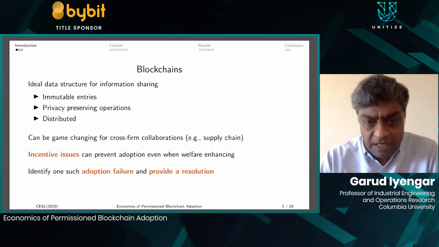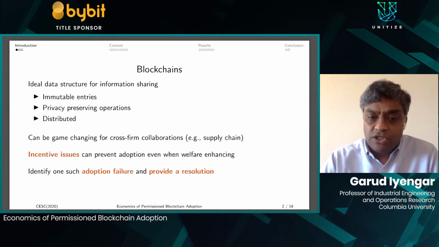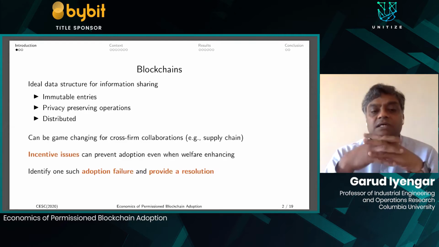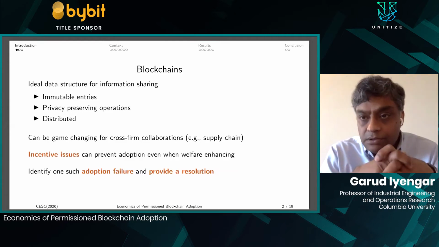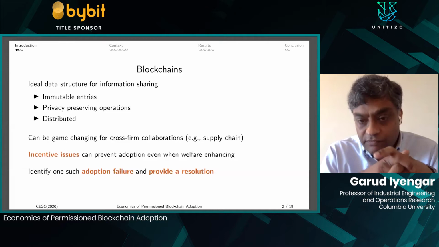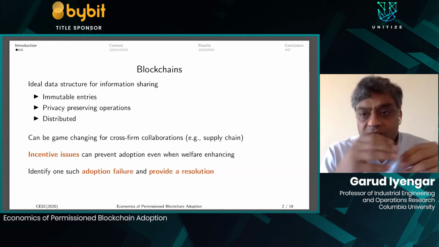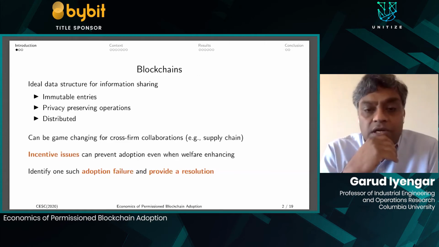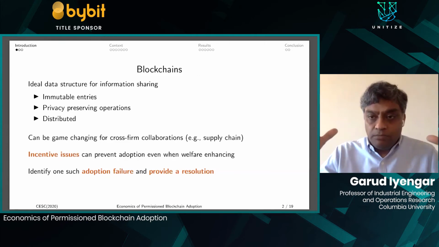What we do in this paper is provide a very minimal network infrastructure that is able to identify such an adoption failure, figure out why these things do not get adopted, and then we provide a very simple resolution for it. So think of this paper as a stepping stone towards understanding what happens in larger networks. Here we are trying to bring the problem down to its simplest essence.